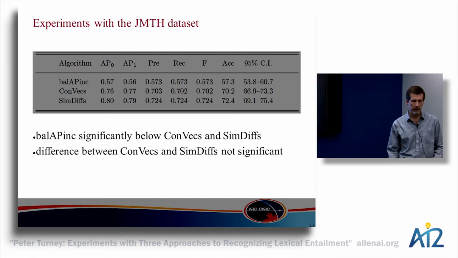And this is mainly because this data set spans a huge variety of relations. BalAPinc was really intended for hyponym, hypernym, and meronym relations. So it really has problems with the other kinds of relations. So the hypothesis behind BalAPinc of context inclusion doesn't apply to a lot of the other kinds of relations.